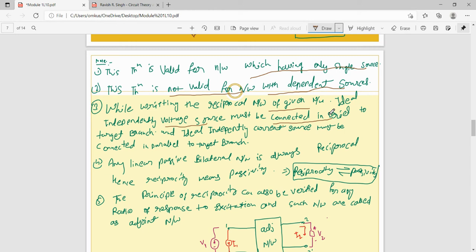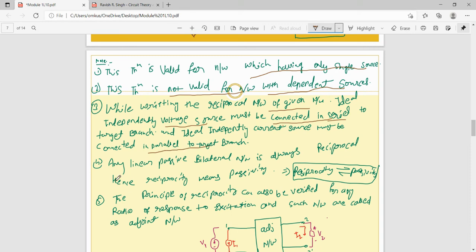So in that case, you need to use the dominant method, right. जैसे कि मैंने बताया था कि करंट सोर्स एंड वोल्टेज सोर्स अगर सीरीज में कनेक्टेड हो तो डोमिनेंट फैक्टर क्या रहेगा आपका, करंट सोर्स डोमिनेट करेगा इन अ सर्किट। But in practical application, you need to always use the voltage source in series with the series connected network, okay, to a targeted branch. And the ideal independent current source must be connected in parallel to the targeted branch.